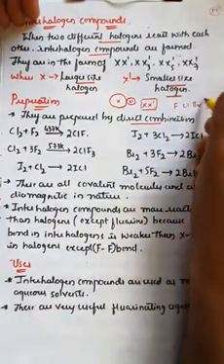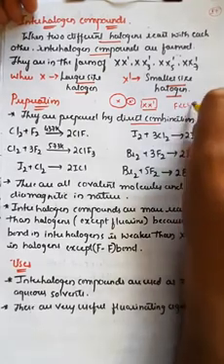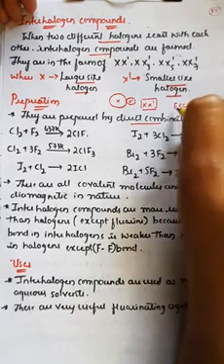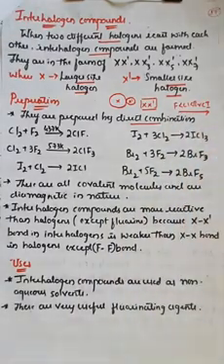Iodine has the larger or greater radius. So the atomic radius increases down the group from fluorine to iodine. Fluorine is more electronegative because its atomic radius is very small. That we have already seen in the anomalous properties of fluorine also.